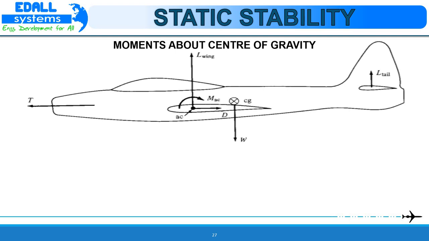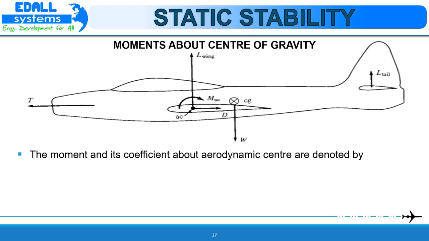This point is called the aerodynamic center of the wing. The moment and its coefficient about the aerodynamic center is denoted by M subscript AC and Cm subscript AC respectively, where Cm,ac is equal to the moment about the aerodynamic center divided by q infinity S c, where q infinity is the dynamic pressure, S is the wing area and c is the chord of the wing.